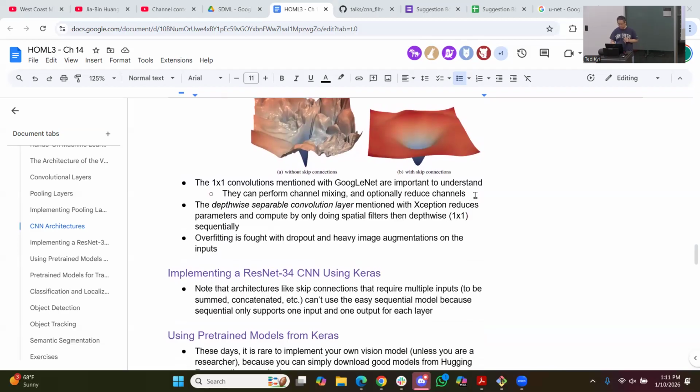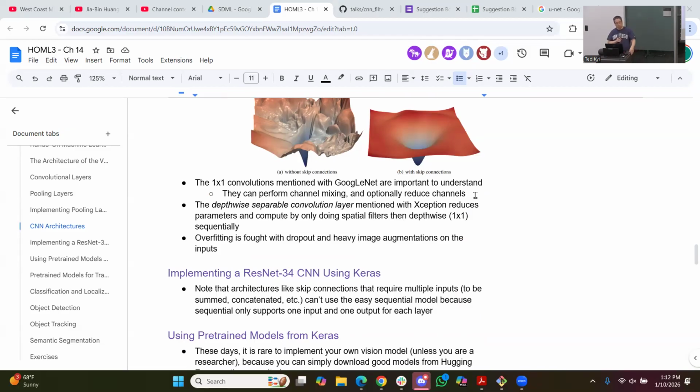A couple interesting things they mentioned. One is one-by-one convolutions. When I first heard of one-by-one convolutions, I thought, well, that's kind of dumb because you can only learn from one pixel. How much can you learn from one pixel? But I was forgetting that one pixel actually has many channels.